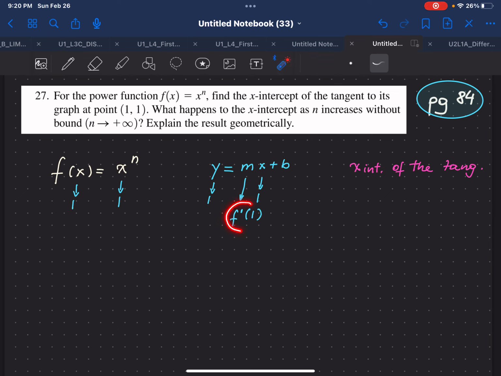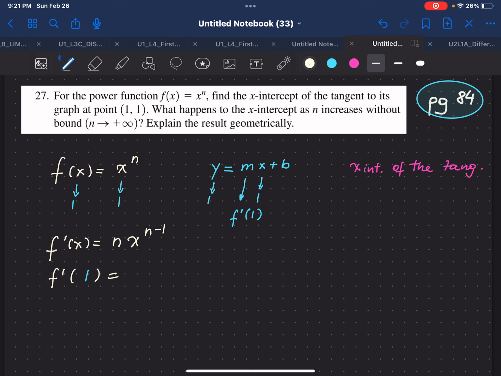So that should take us back to the equation, and we have to find now the derivative of the function and evaluate it at 1. So if f of x equals x to the power of n, therefore f prime of x would be equal to, just power rule, n x to the power of n minus 1. Now remember that we need to find the derivative exactly at x equals 1, because that would be the slope of the tangent.